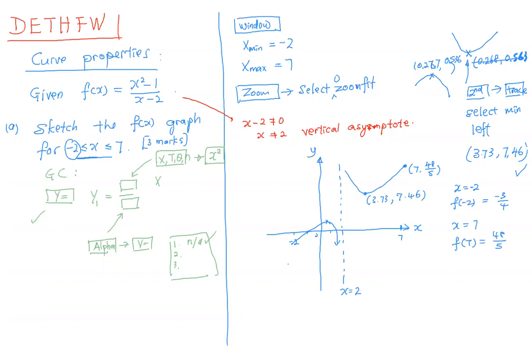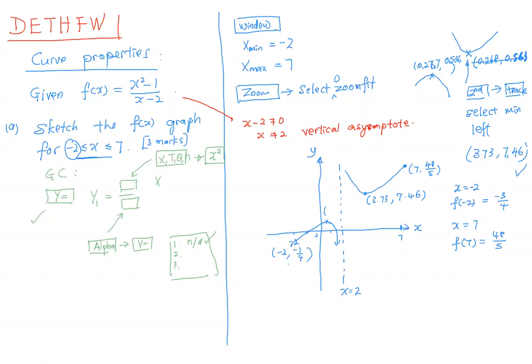So all of this must be there. If not, your 3 marks will be gone. Shape, 1 mark. Judgment of the turning point, 1 mark. And the ending point, 1 mark. So this is the perfect sketch.